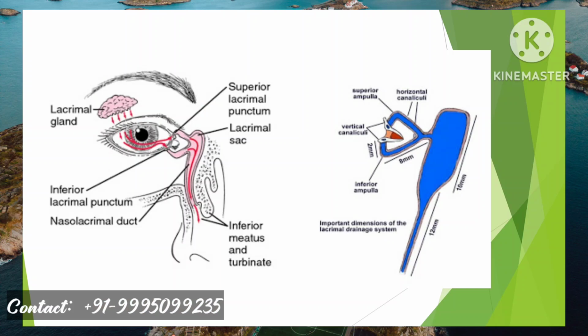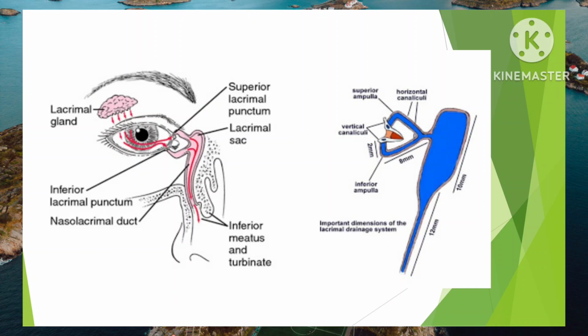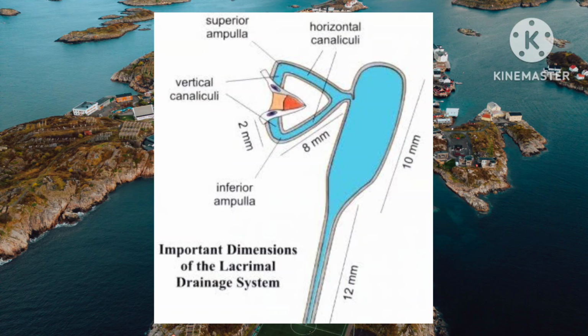The lacrimal canaliculus measures about 10 mm long and is divided into two parts, vertical and horizontal. The vertical part measures about 2 mm, and the horizontal part measures about 8 mm.